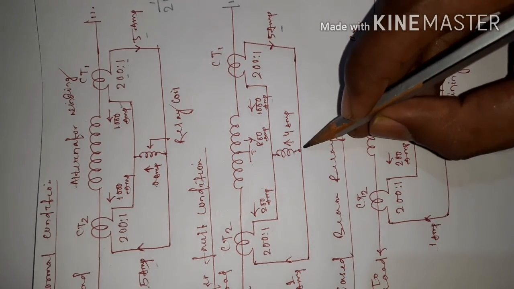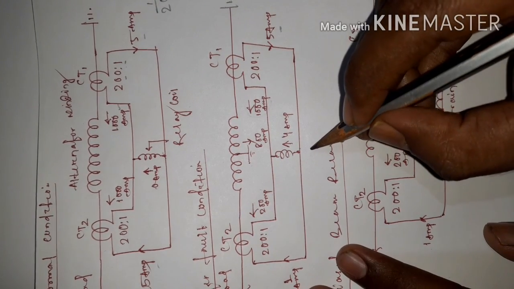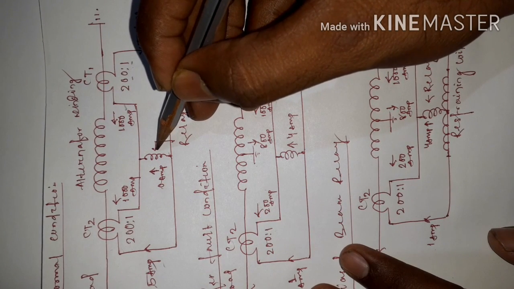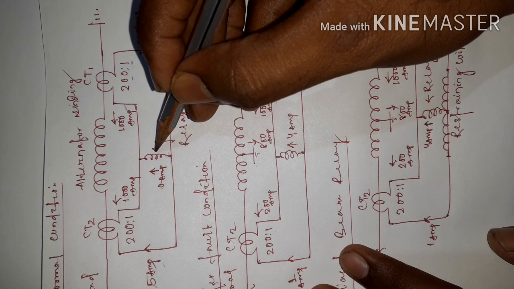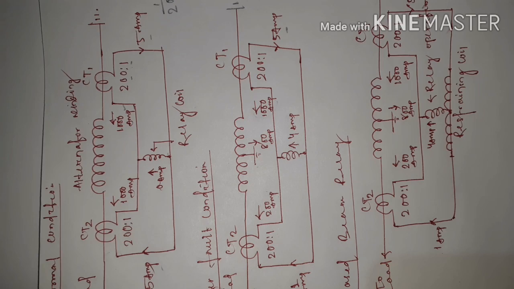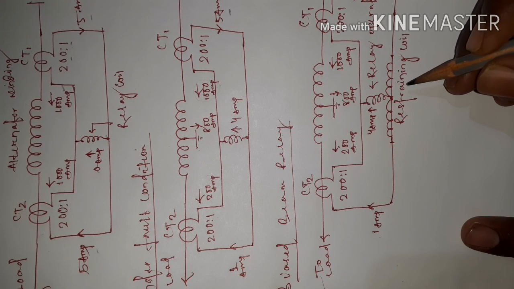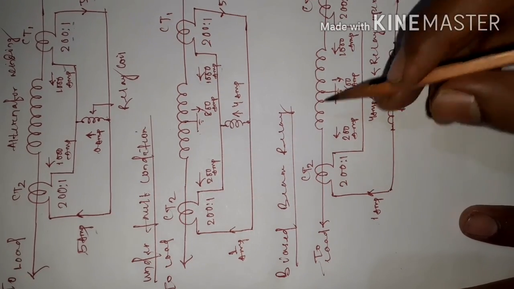As there is a node present here, a very small amount of current passes through this relay operating coil under normal operating condition, and it may operate, but this is undesired for a healthy section. So we use a restraining coil to avoid this disadvantage. We use a restraining coil in the balanced beam relay.